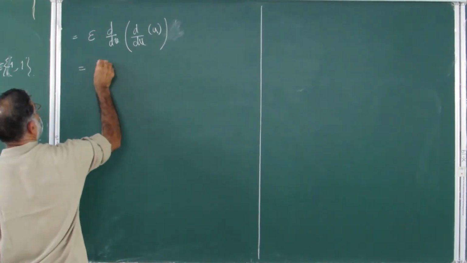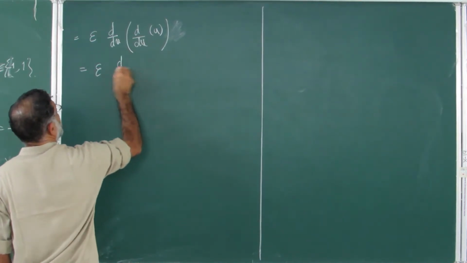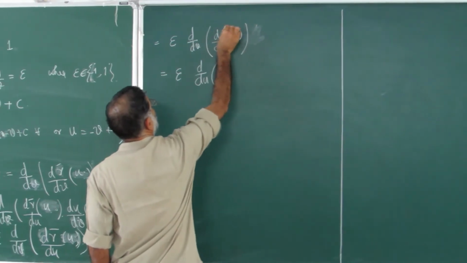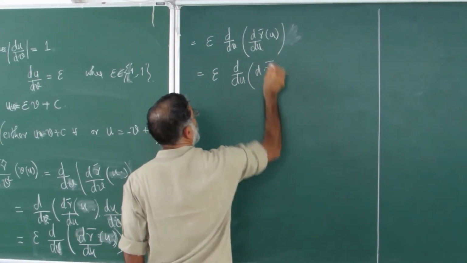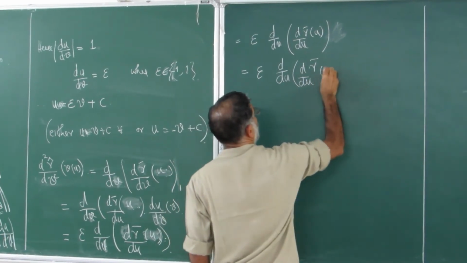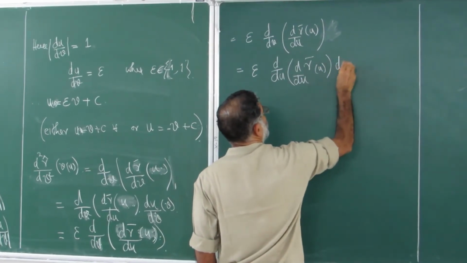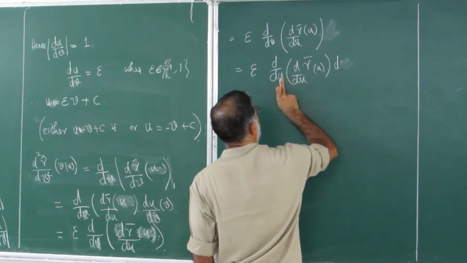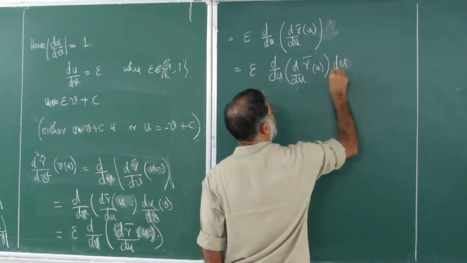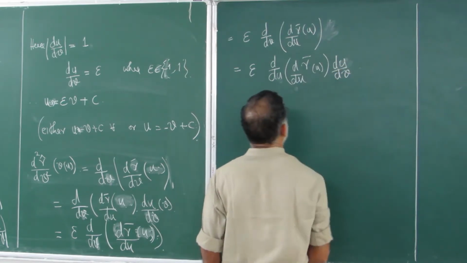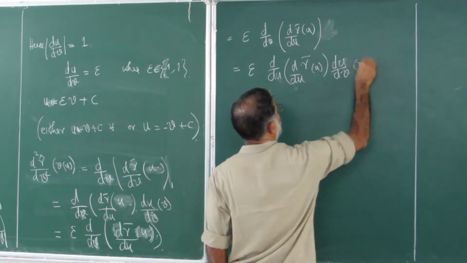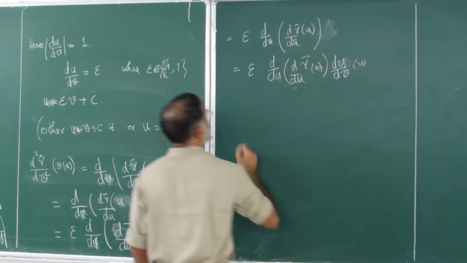So that is equal to epsilon times d by du of d gamma bar by du at u into du by dv, d by dv is d by du and du by dv, and that's again at some point v. This is uv if you like to write.